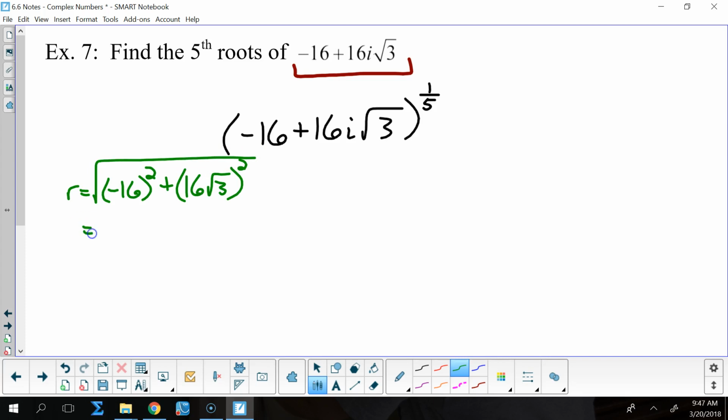So that's what? 256 plus 16 squared times 3 quantity squared. 256 times 3. 768? You guys all have calculators. 16 times the square root of 3, squared. 768.